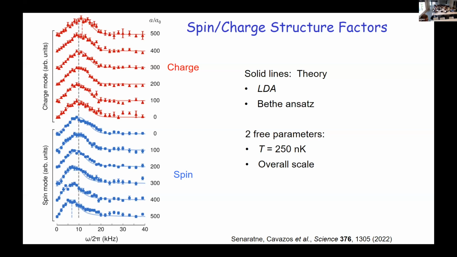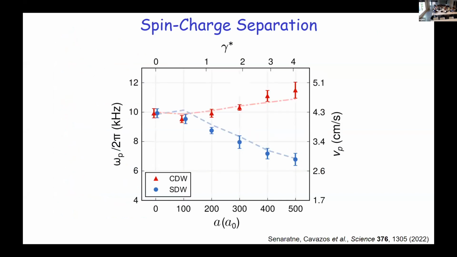And you can see the agreement's pretty good, but there are places where it's not. So down in here in the spin mode, down in this area, intermediate energy region, there's in the tail, there's not a perfect agreement.